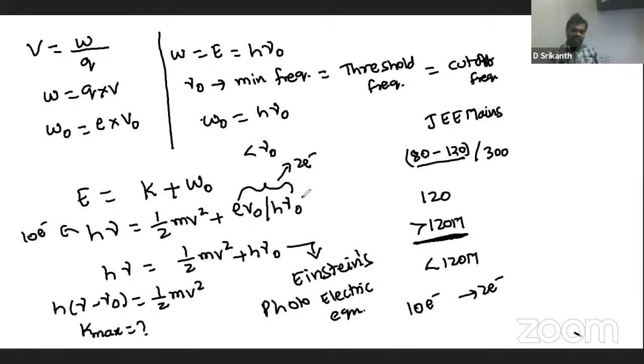That means this work function must be 0, or must be minimum. I want the maximum kinetic energy. So when h nu naught is minimum or approximately equal to 0, then I can have the maximum kinetic energy.